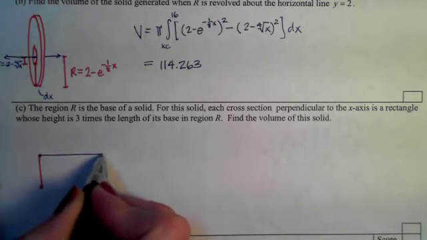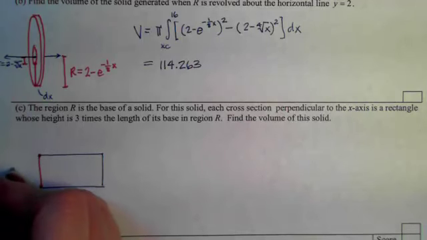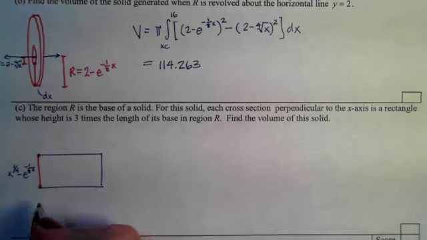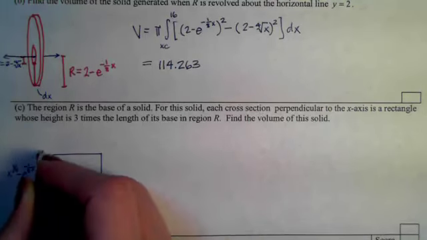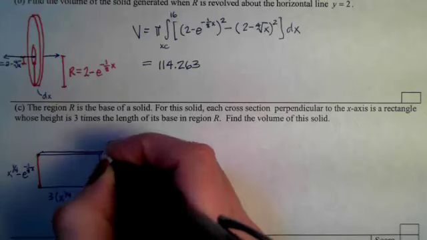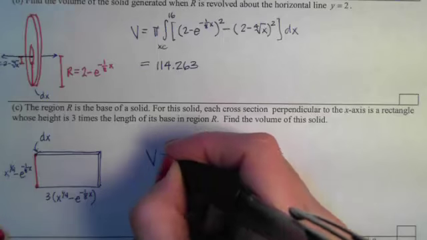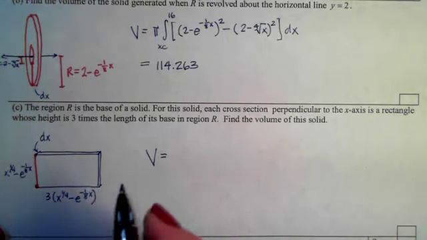So we're going to tip it over, and we're going to see that this length was that top y coordinate minus the bottom y coordinate. And now the height of that rectangle is going to be 3 of those. And the thickness is still going to be dx. So if I want the volume of that, the volume will be the base times the height times the thickness.